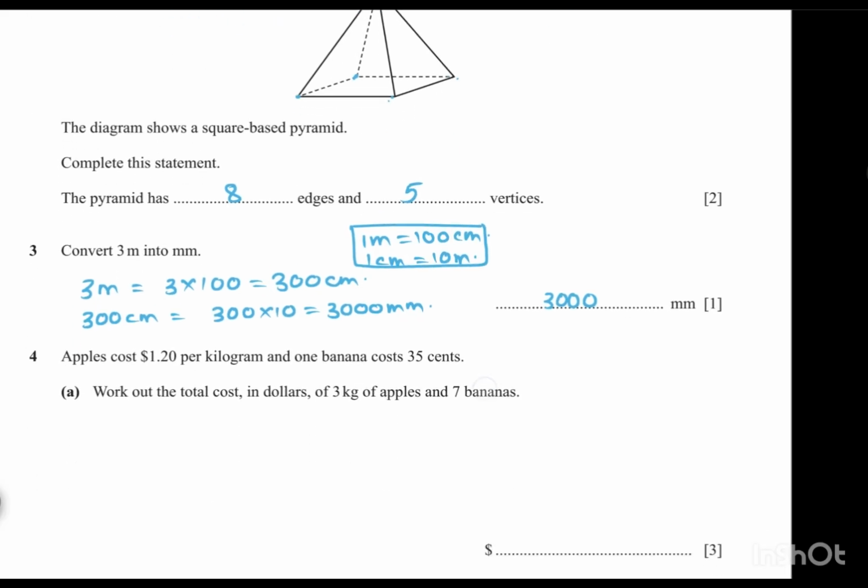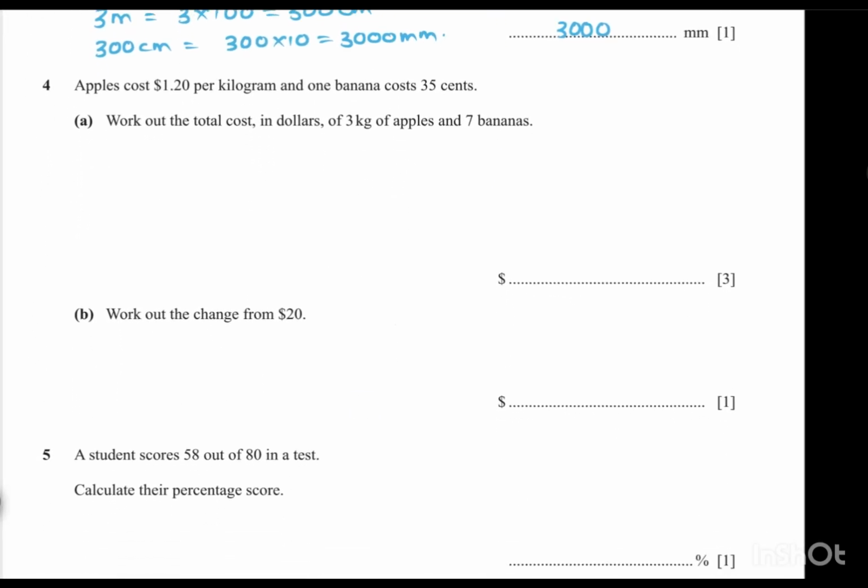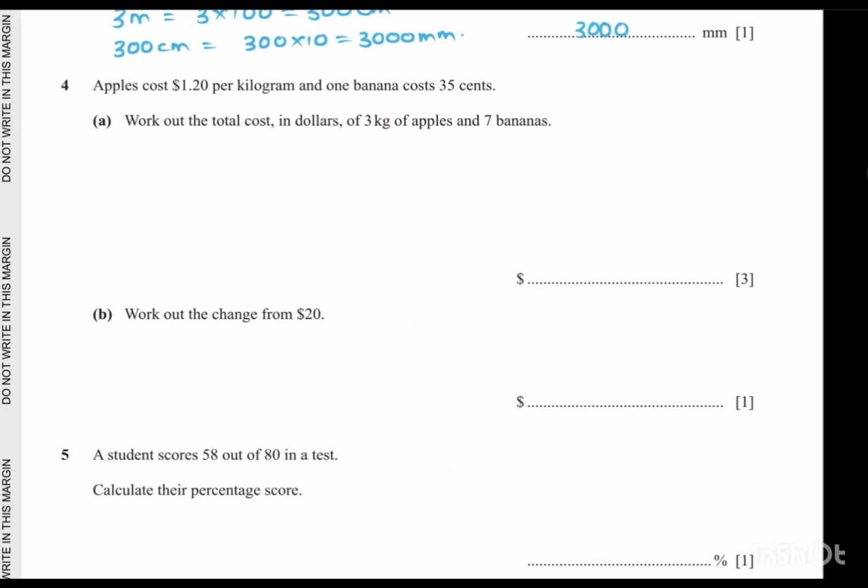Question number 4. Apples cost $1.20 per kilogram and one banana cost 35 cents. Work out the total cost in dollars of 3 kg apples and 7 bananas. So they have given the cost of 1 kg apples and 1 banana in cents.